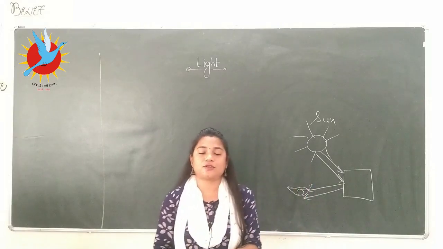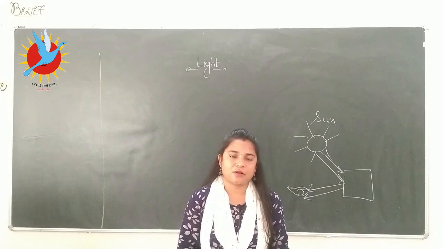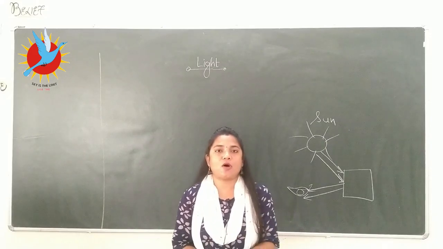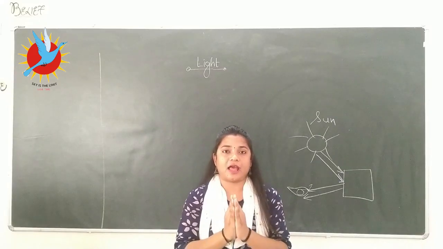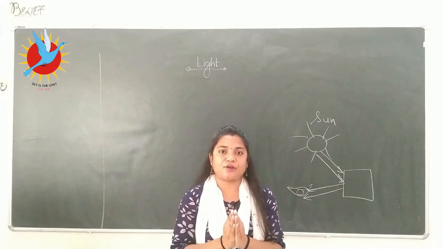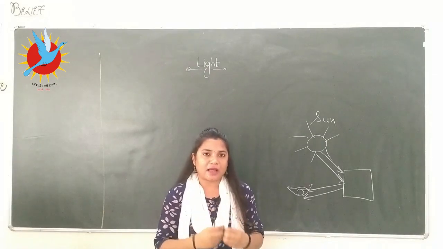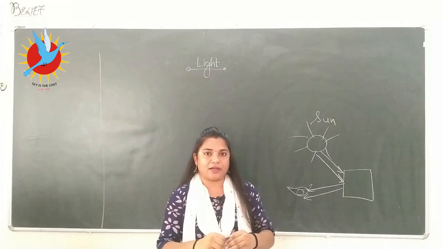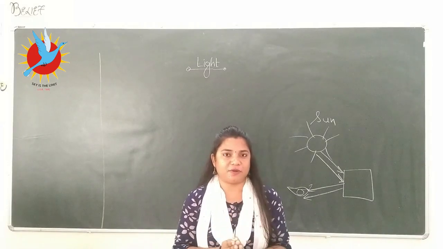This tube light also has its own light. What about the moon? No. The moon is a non-luminous object. The objects that do not have their own light are known as non-luminous objects. The moon reflects back the light incident on it from the sun.